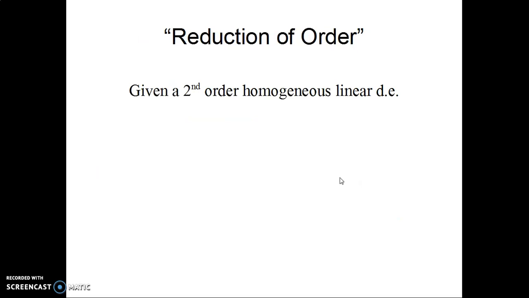Reduction of order starts with having an equation, and the form that we're calling standard is up here. I've got the second derivative of y, where I'm using the prime notation for derivatives, alone. I've got a function of x possibly times y prime, and a function of x possibly times y. Homogeneous, so it equals 0.